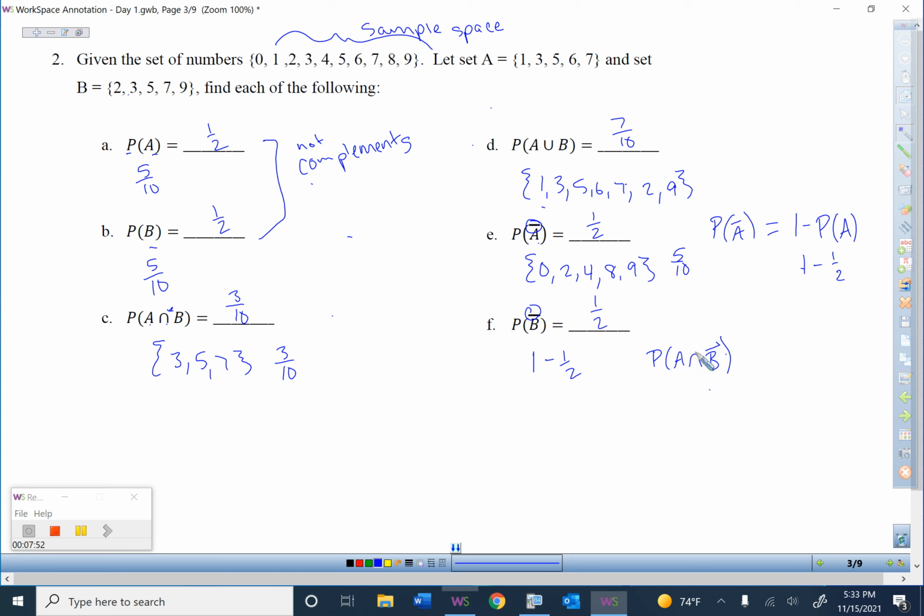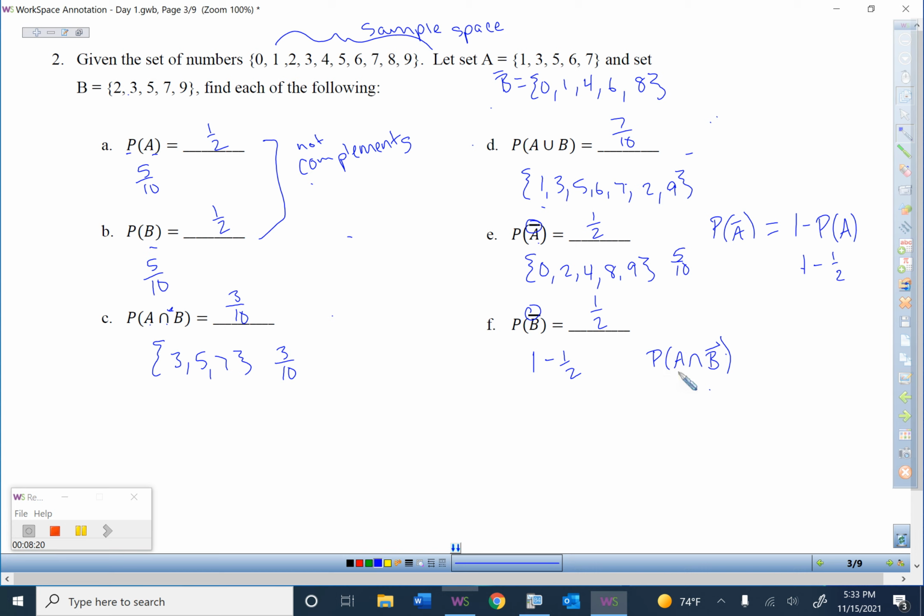Okay, any piece that is not written out in a set, you want to write out so you can look at it. I'm going to write it up here right next to A, just because that's what I'm supposed to compare for these. And B complement were the numbers that weren't in B. So that's 0, 1, 2 and 3 are there, 4 wasn't, 5 was, 6, and then 8 to finish up. So those are the 5 that actually were part of that probability.